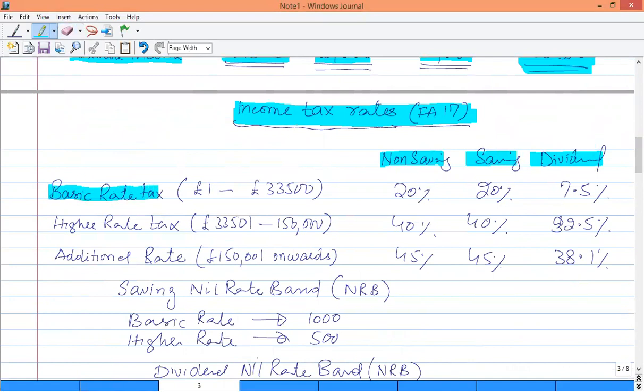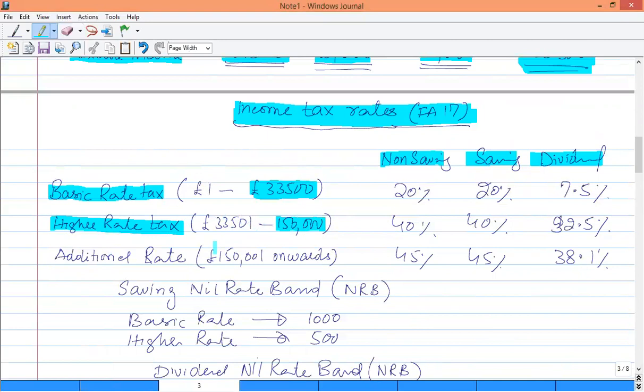One is called the basic rate taxpayer, and in order to classify someone in this limit, the maximum limit is 33,500 of taxable income. If the total taxable income is up to 33,500, an individual will be classified as a basic rate taxpayer. If the income exceeds 33,500 and is up to 150,000, that person is called the higher rate taxpayer.